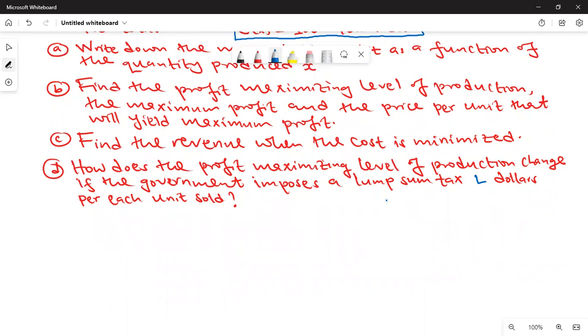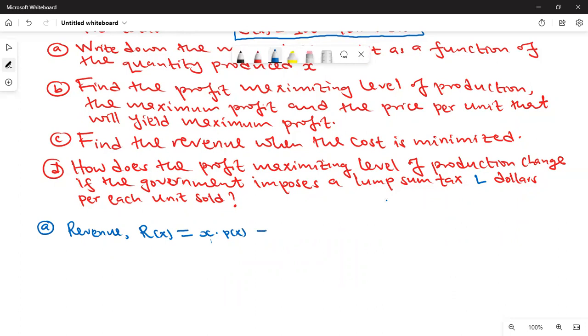So based on what you have been given in part A, we know that revenue, which is R of X, is simply equal to X times P of X, where X is the quantity produced and sold, and P of X is the demand function or the price per unit.